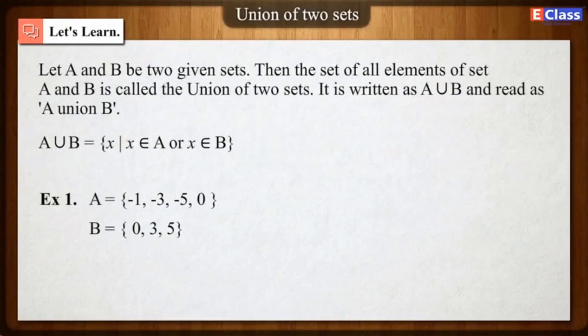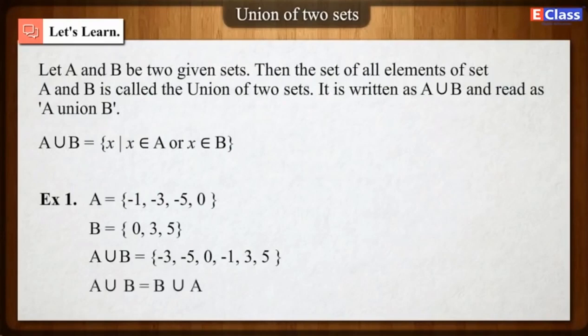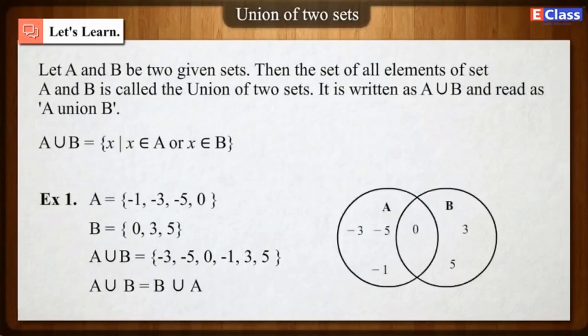A union B is equal to {-3, -5, 0, -1, 3, 5}. Note that A union B is equal to B union A. Now, refer the Venn diagram for more clarification.